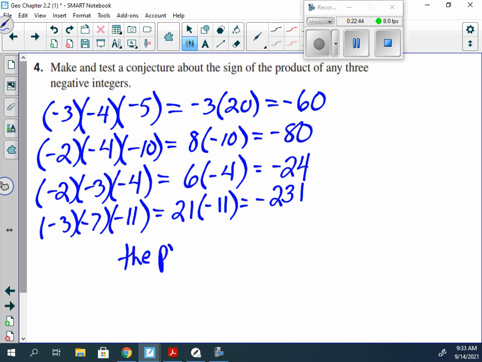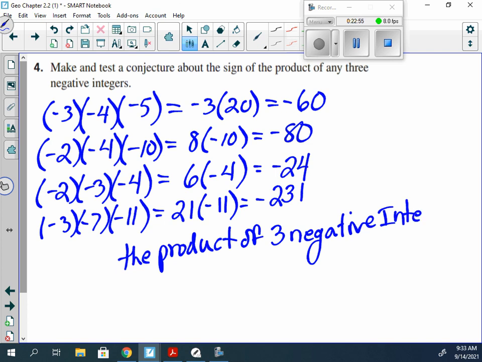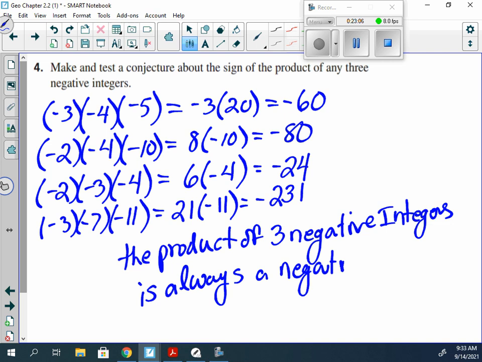So the product of 3 negative integers is always a negative.